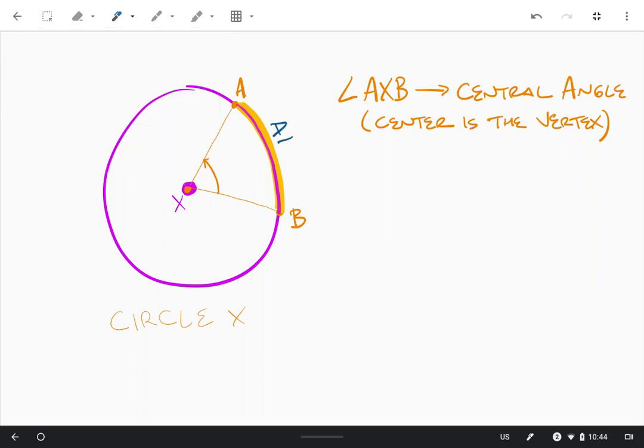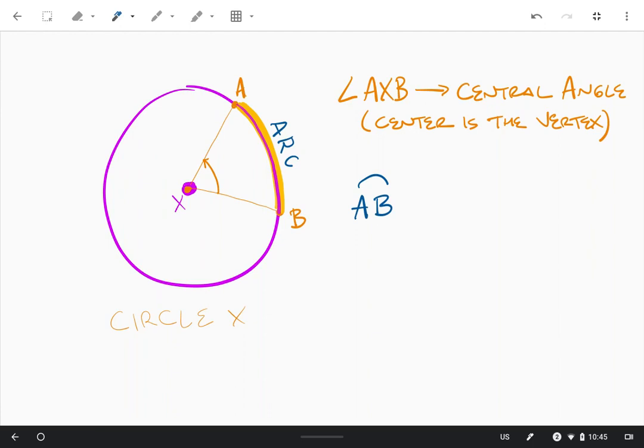So this is an arc. An arc in a circle is the curved path between any two points on the outside of the circle. So here we would have what we call arc AB. Arc AB is the arc made up of the angle AXB and the curved path around the circle from A to B.